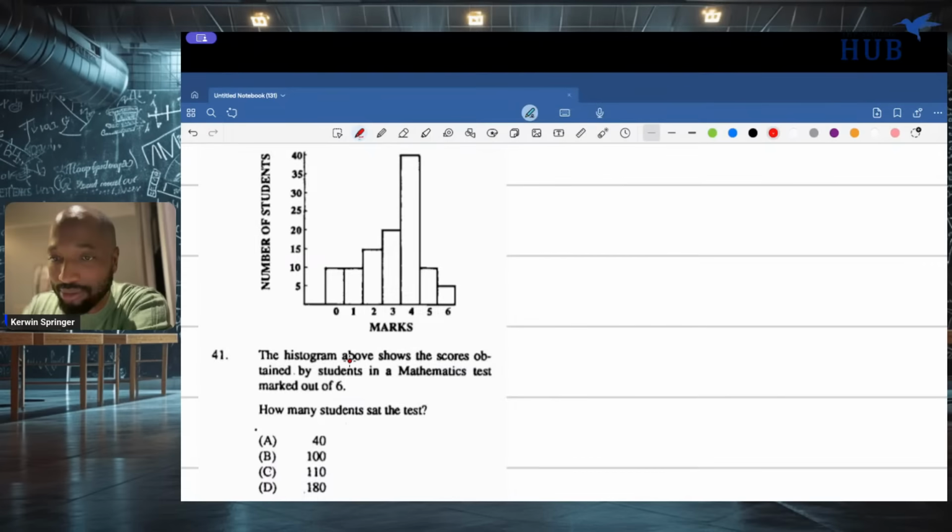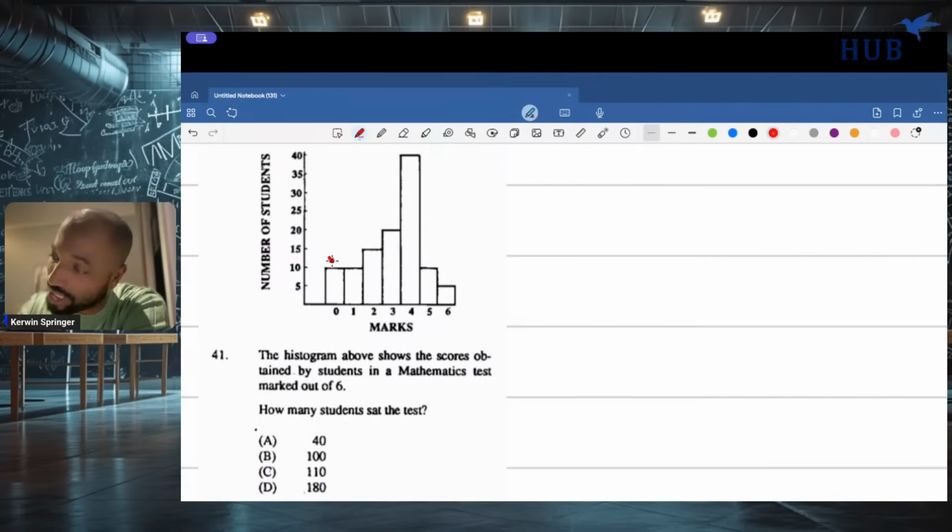The histogram above shows the scores obtained by students in a mathematics test marked out of 6. How many students sat the test?